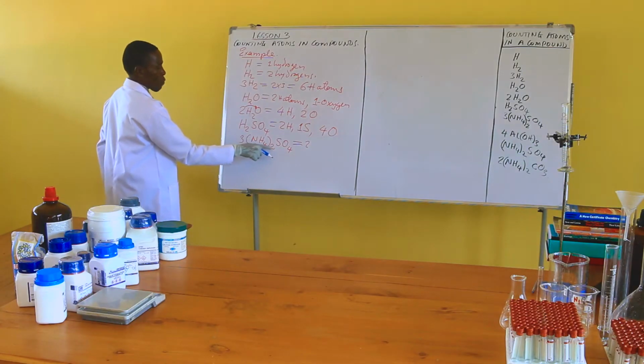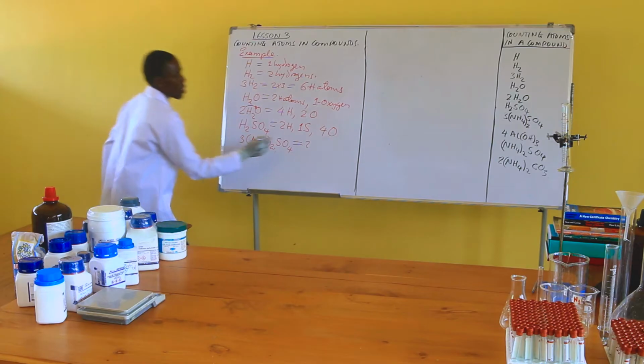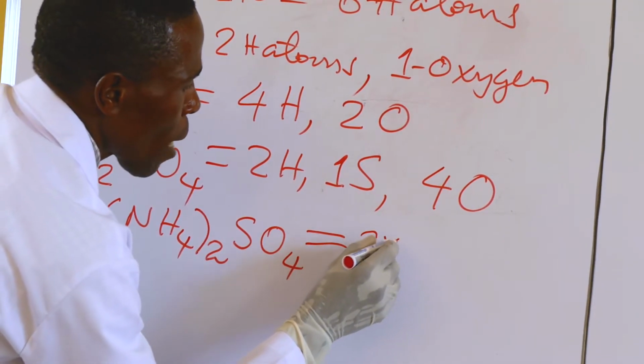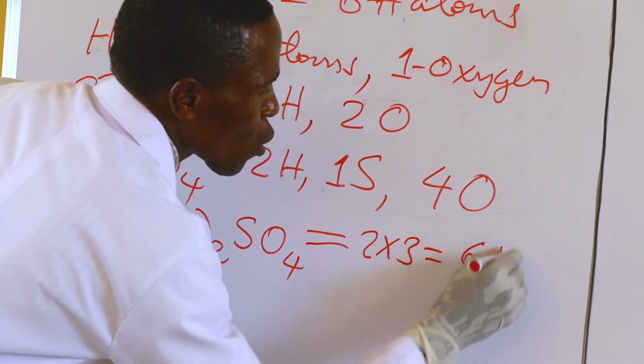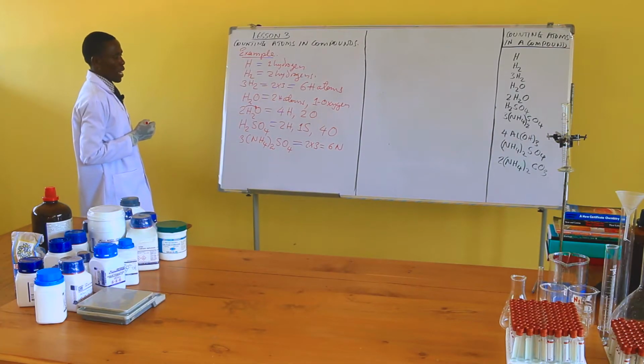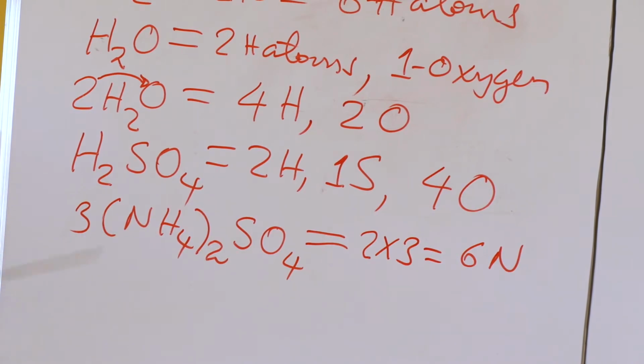So for nitrogen we have 2 times 3, equals 6 nitrogen.